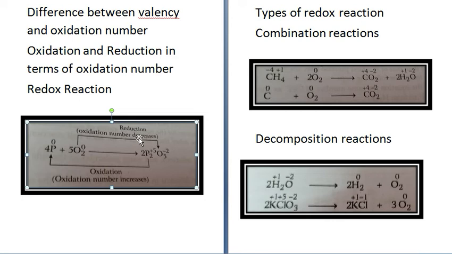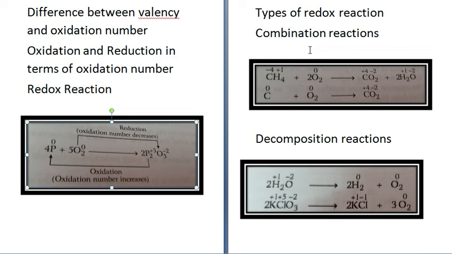So the phosphorus oxidation state has increased from 0 to +5. So phosphorus has undergone oxidation. Oxygen's oxidation number has decreased from 0 to -2. So oxygen has undergone reduction. And this reaction in which both oxidation and reduction are taking place is called a redox reaction.